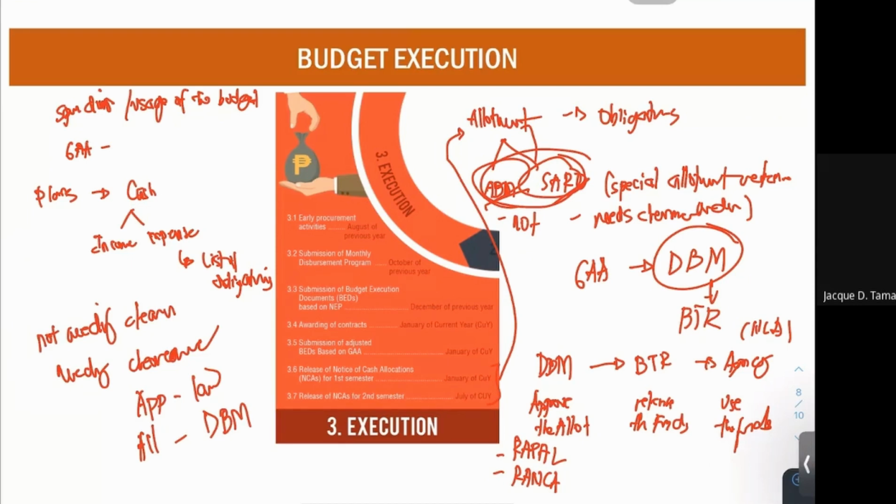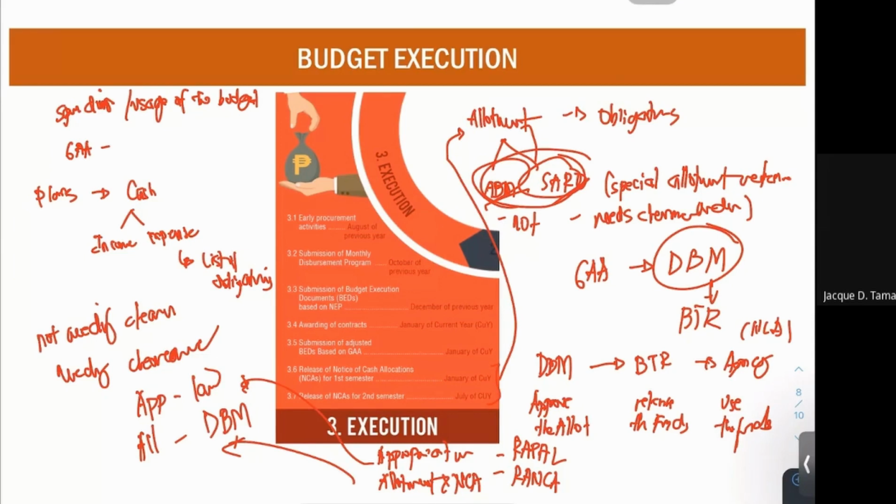This is the control and monitoring record of the DBM, and it shall furnish the BTR a copy of the NCA. Why? Because we said the BTR will be the one to release the funds. Take note, RAPAL is more of appropriation. When we say appropriation, law. Now, for allotment and notice of cash allocation, we use this RANCA.